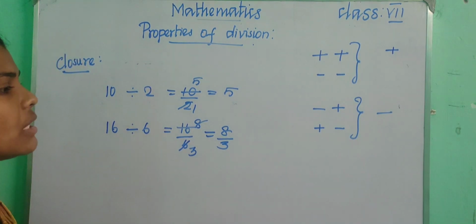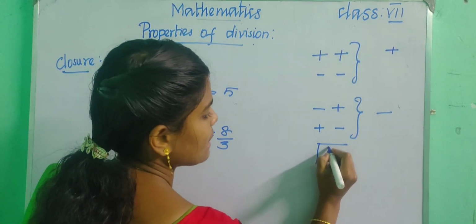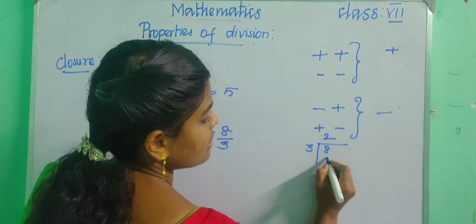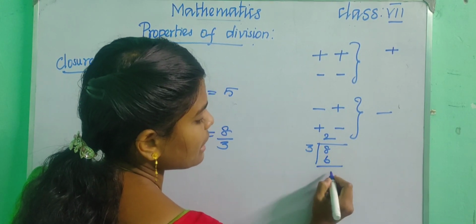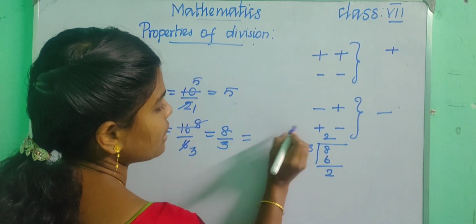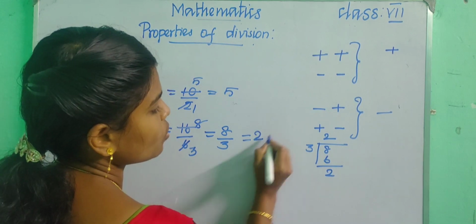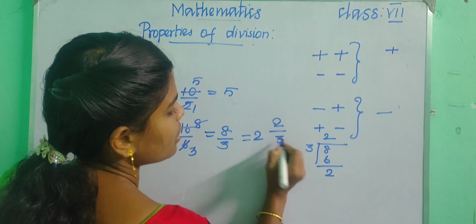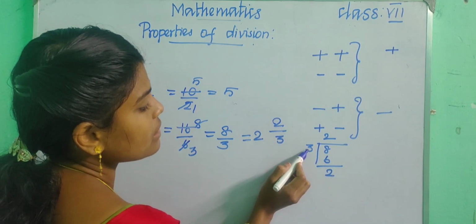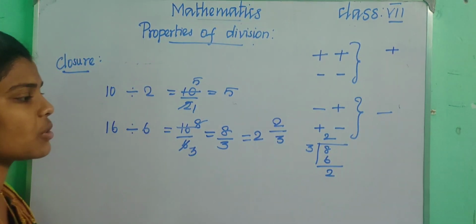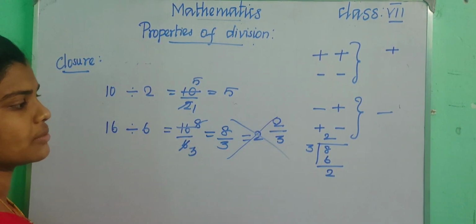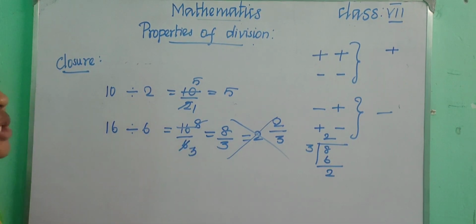Can we divide 8 by 3? 2 3s are 6. 8 minus 6, you will get 2. So we will get the answer in mixed fraction. The quotient is 2 and 2 upon 3. This quotient should be in this place, the remainder on the top and the divisor in the denominator. So children, is it an integer? No, it is not an integer. So it does not hold the closure property.